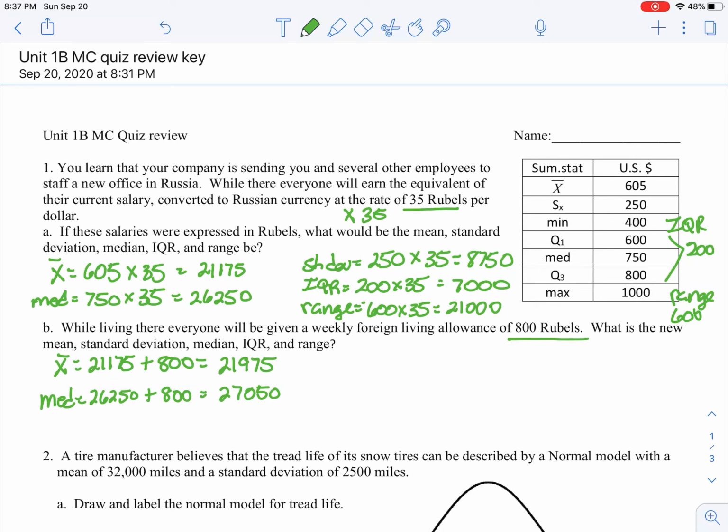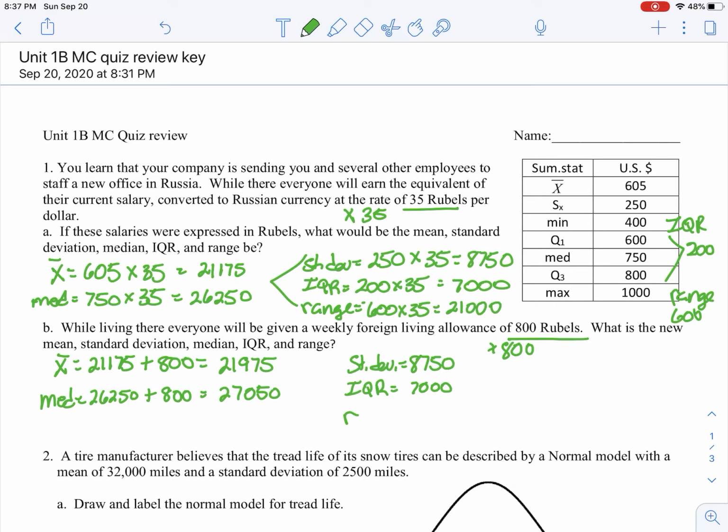And here's the part that we have to remember. Each of these three things up here are measures of spread. Measures of spread are unaffected by an addition of $800. Okay? Because my points are still the same exact distance apart. So my standard deviation remains unchanged at 8750. My interquartile range remains the same at 7,000.